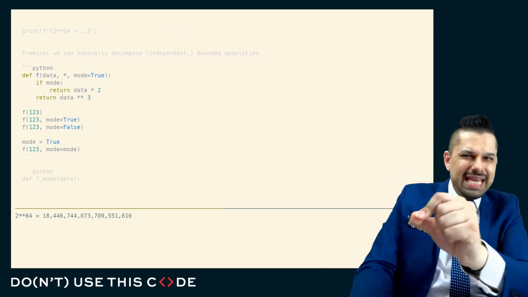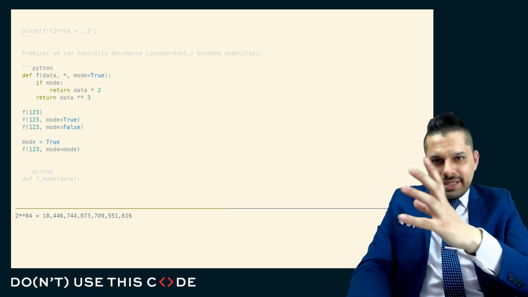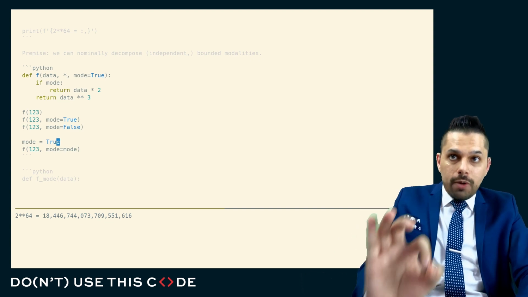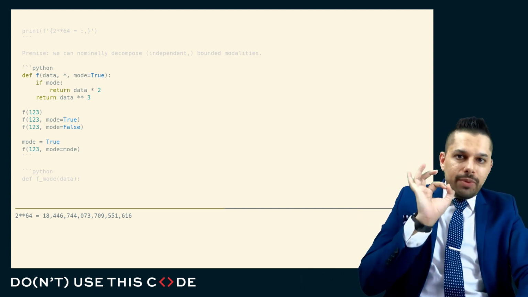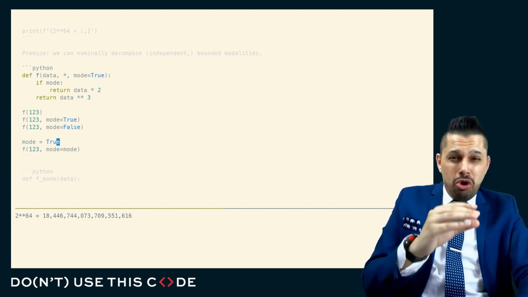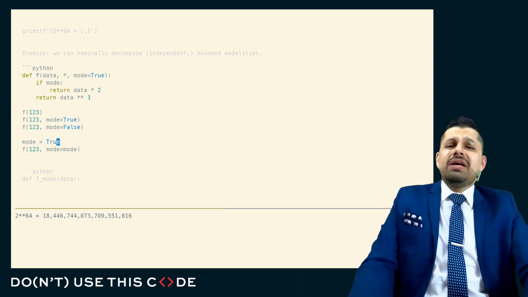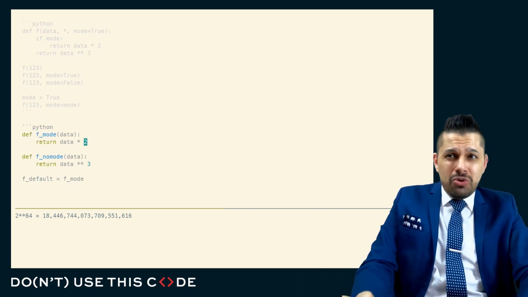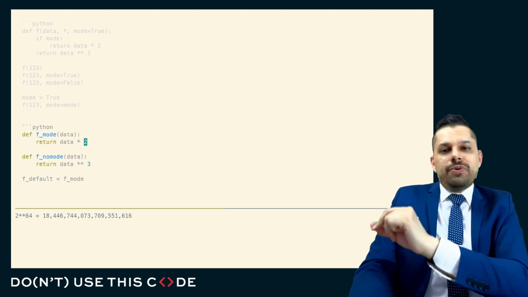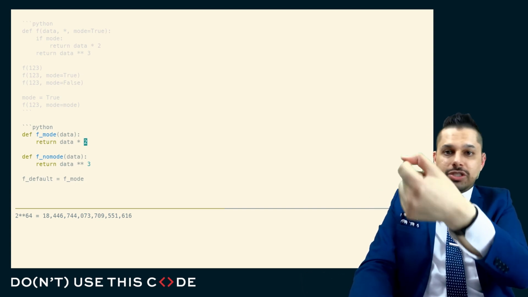And I can even take in that modality as some user input and then pass it through to this function. Or, because this parameter is bounded, because it is limited to a finite, small, human tractable set of options, I can decompose these into independently named entities where each name represents whether the parameter is set to true or false.